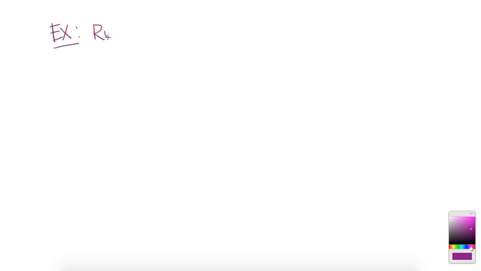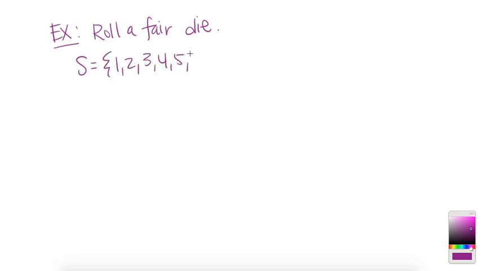Okay, let's roll one fair die. So our sample space here is the numbers 1 through 6. Okay, and let's define a random variable X such that, last time we just picked random numbers.